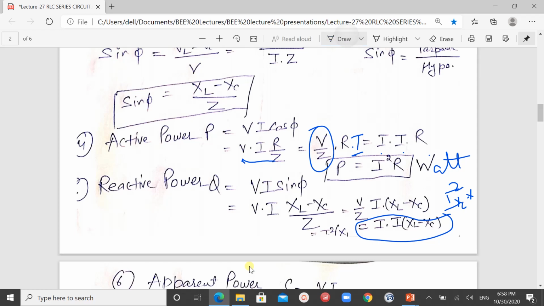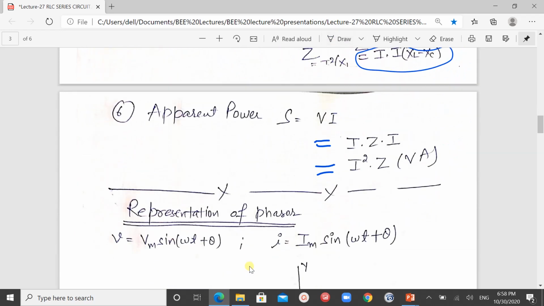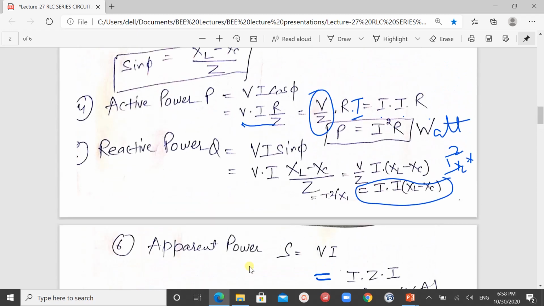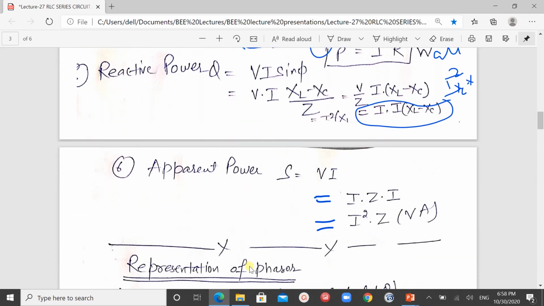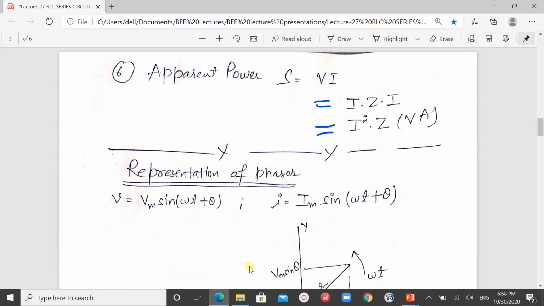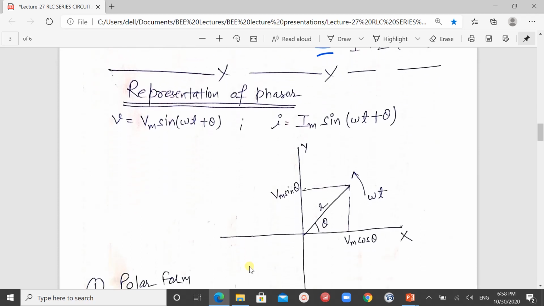Fine. Then the next one is apparent power. S is equals to VI, and I into Z into I. We put the value of V, and it is I square Z, and units are volt-ampere. And the unit of reactive power, as I have told you, is VAR.